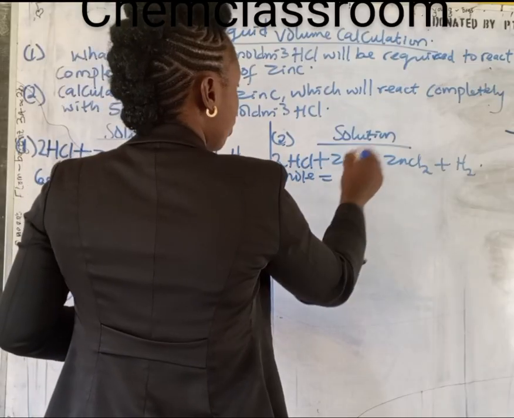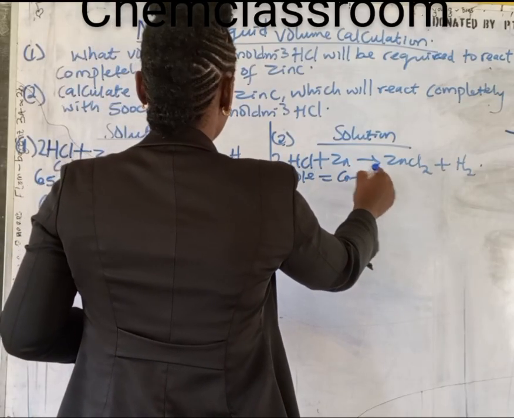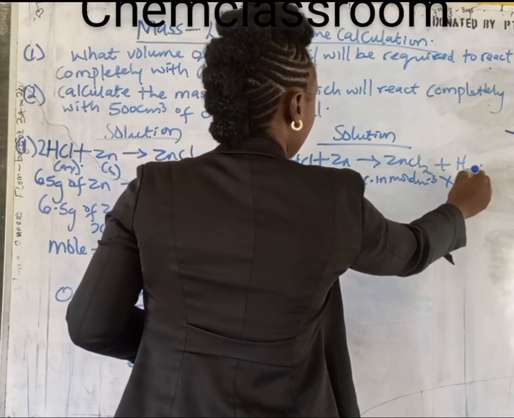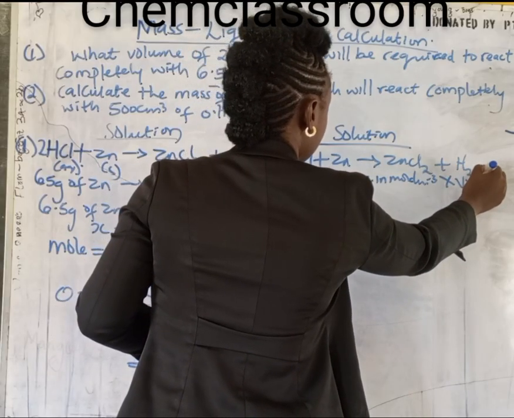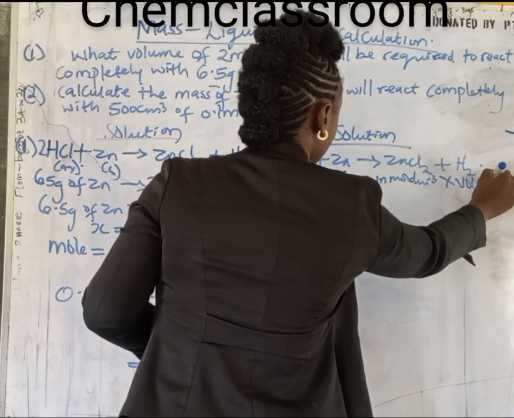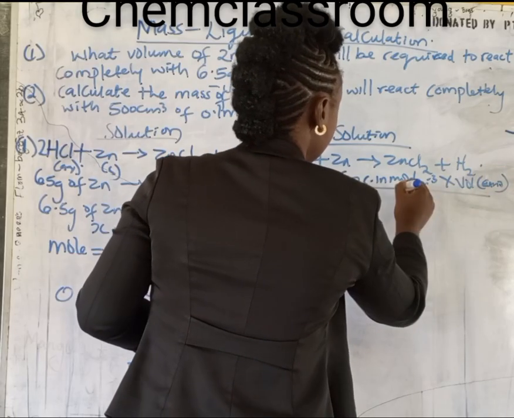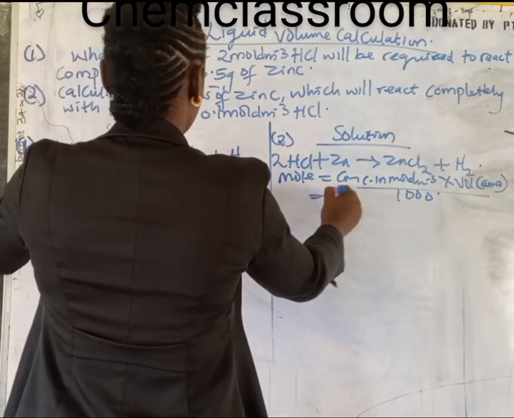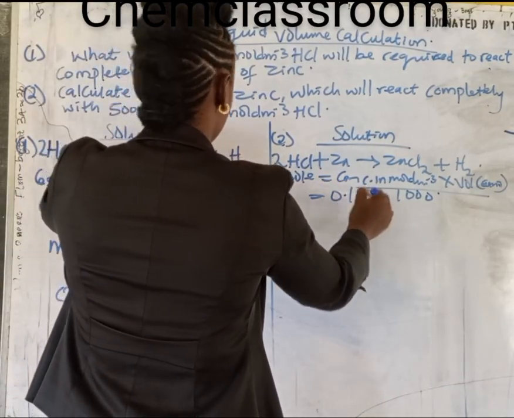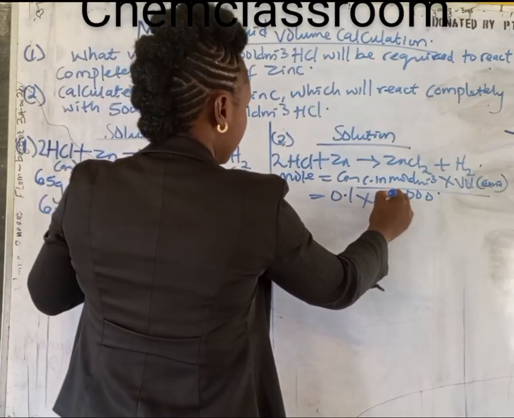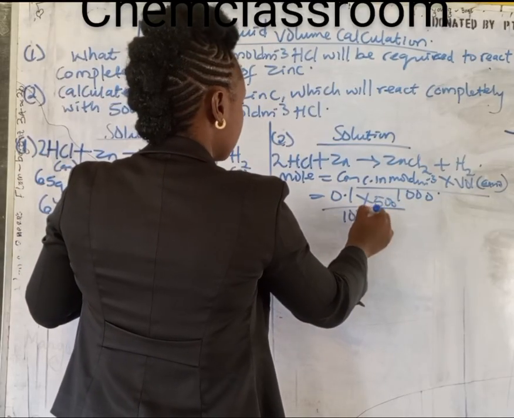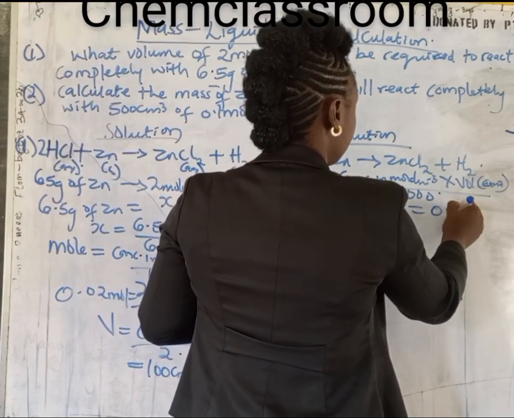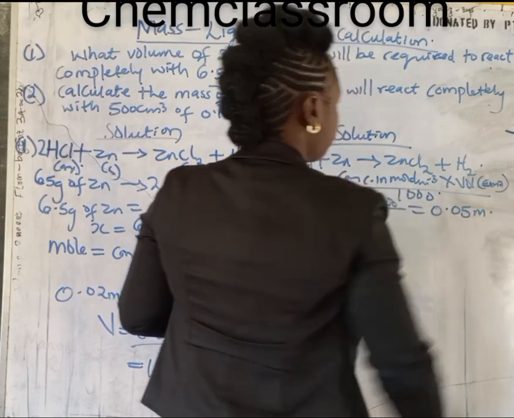Mole equals concentration in mol/dm³ times volume in cm³ over 1000. I was given 0.1 as my concentration, multiplied by volume 500 divided by 1000. In all, my mole is expected to be 0.05 mole.